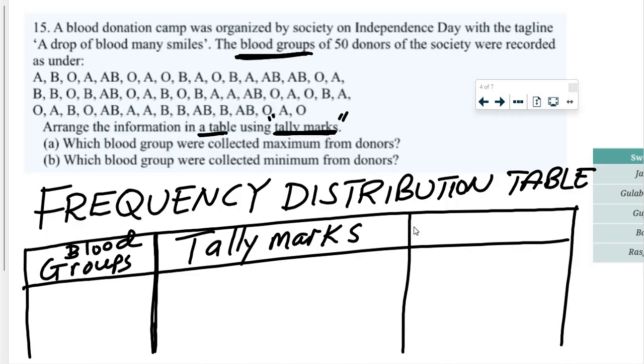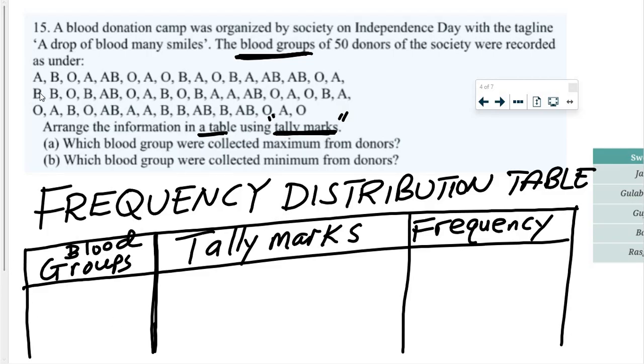The last one is the count of the tally marks. The count of the tally marks is known as frequency. I repeat, frequency is the count of the tally marks.